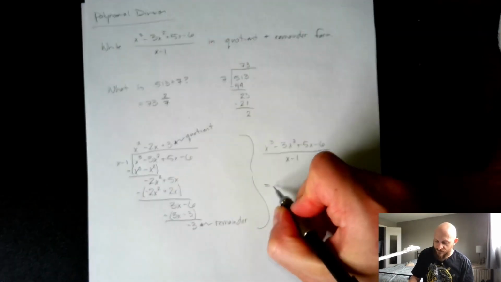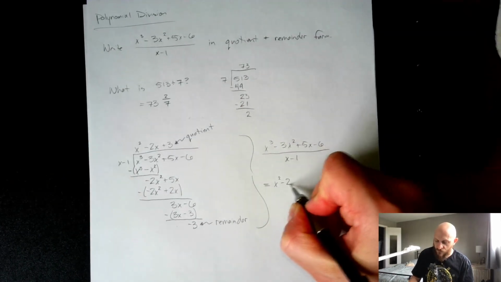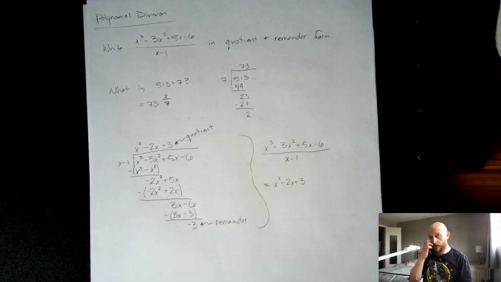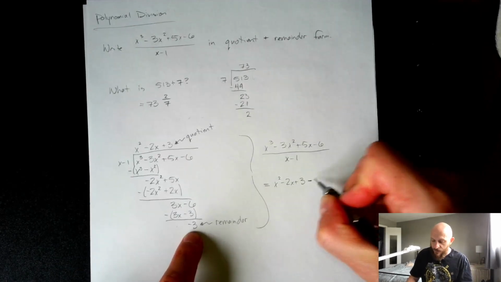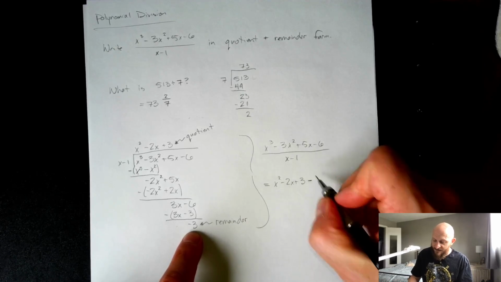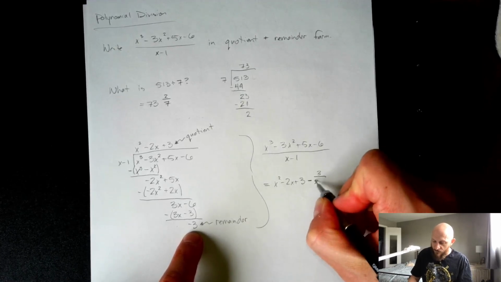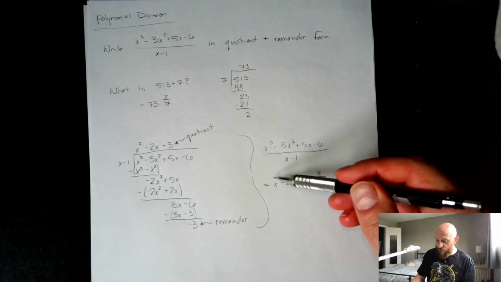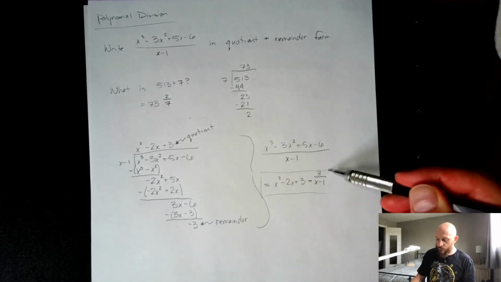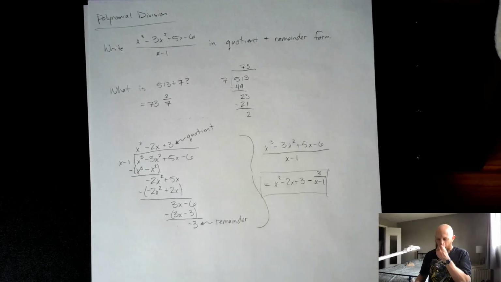So the quotient is x squared minus 2x plus 3. The remainder is negative 3, but to write it in this polynomial, it's negative 3 over x minus 1. So this is the quotient and remainder form of this division problem.